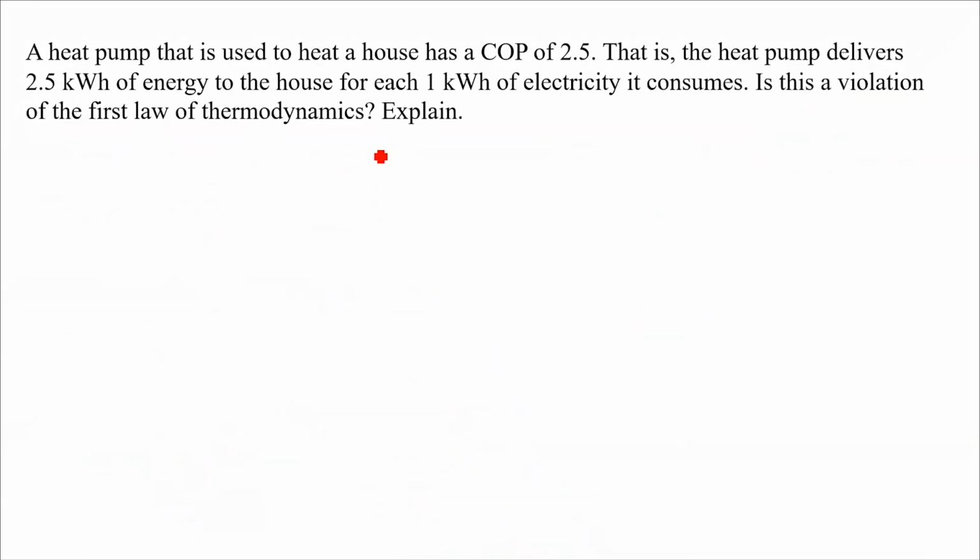Another problem that we have is that a heat pump is used to heat a house that has a coefficient of performance of 2.5. This is being claimed. It is said that the heat pump delivers 2.5 kilowatt of energy to the house for 1 kilowatt of electricity it consumes. I'll show you a heat pump.